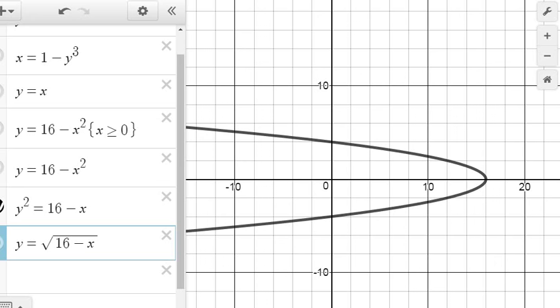Now there's something special about these functions. First of all, if something passes a horizontal line test, then we're going to call it a one-to-one function. So functions that pass the HLT are one-to-one functions.